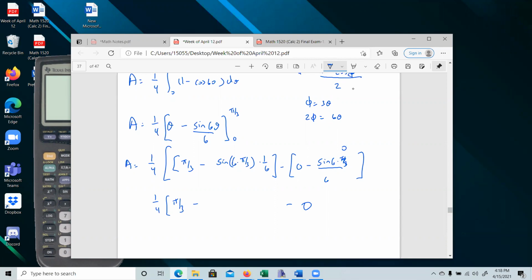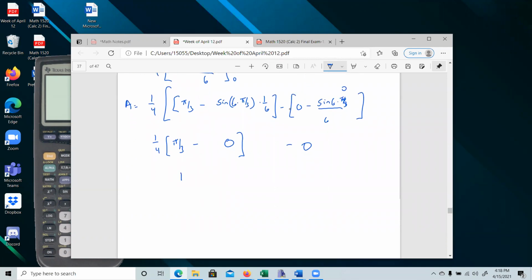That's 6 over 3. That's 2. 2 times pi, right? There's a sine of 2 pi here. Also 0. Right? So we're done. Pi over 12. And there is our answer for our area. Okay, that's for one petal. Okay, beautiful. There we go. You're set. All right.